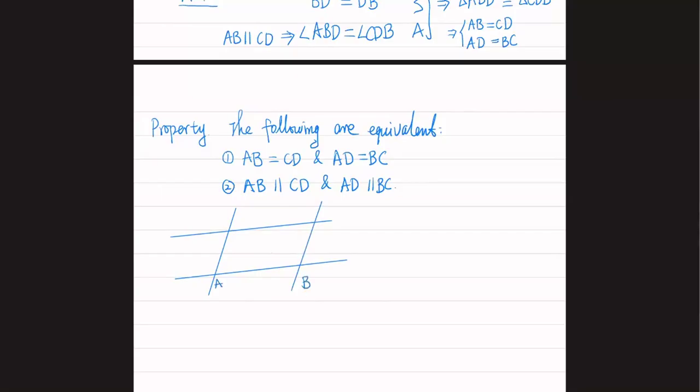A, B, C, D. Previously, we connected B, D. We also connect A, C. And we call BD and AC the two diagonals of the parallelogram.